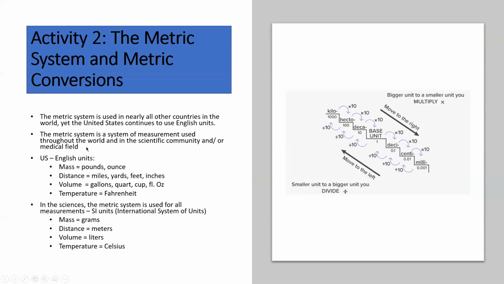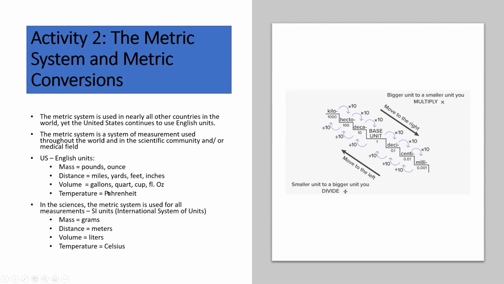Here in the US, we tend to think about mass, or our weight, in pounds and ounces. If you have family members in Mexico or other countries, you notice that they use kilograms or grams. For distance, if you think about football, we use yards and feet. We also use miles. Other countries would use meters.